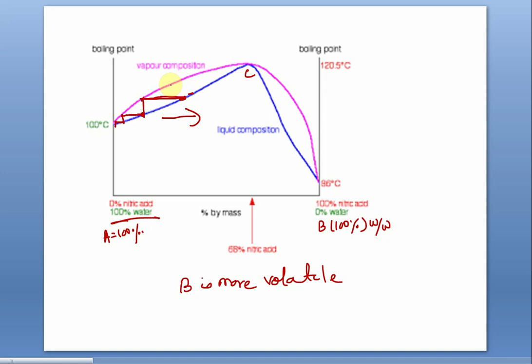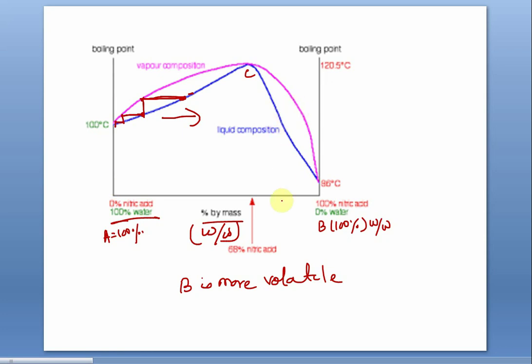However much distillation you make, the percentage will remain the same at C. So at the most you can go from 40% nitric acid to 68% nitric acid, of course by mass, this is W by W, but not above that. In the distillate, you get pure water, the pure less volatile component.